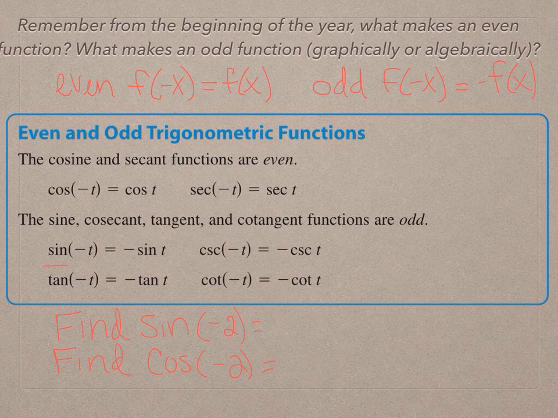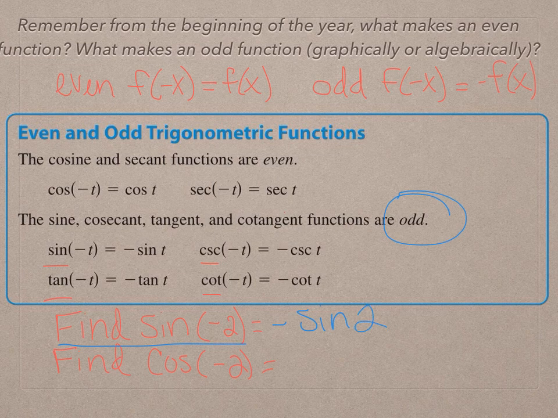But with sine, cosecant, tangent, and cotangent, so those are the reciprocals of each other, every time you put in a negative angle, your answer turns negative. So let's look at these last two examples here. The sine of negative 2, well, sine is odd, so that means it's going to change signs. So the sine of negative 2 is going to be equal to the negative sine of 2.